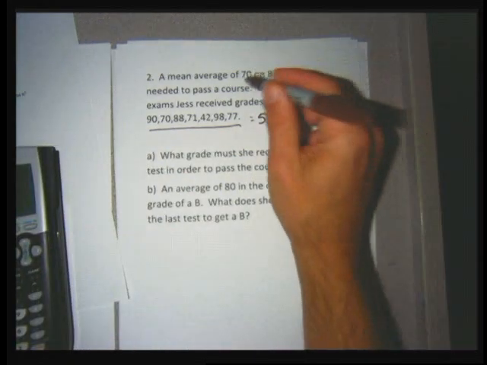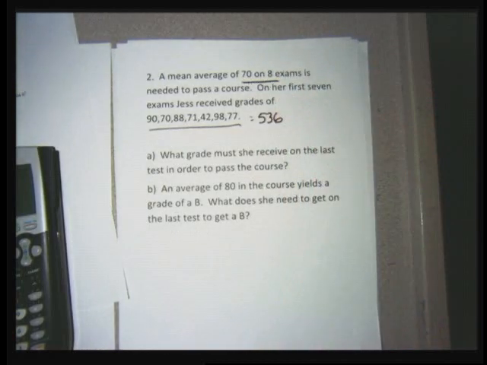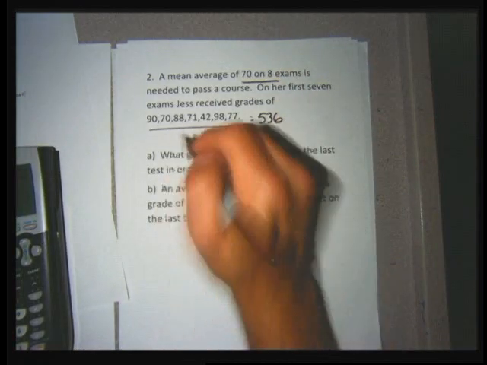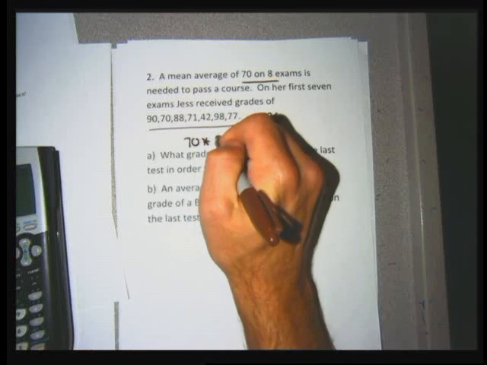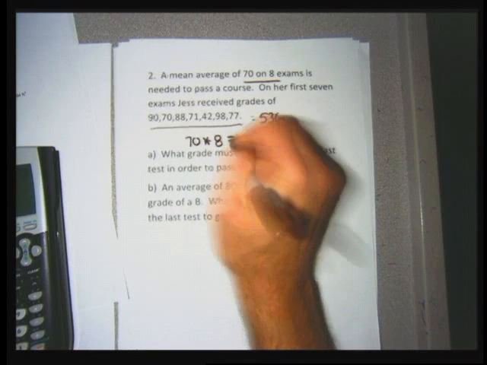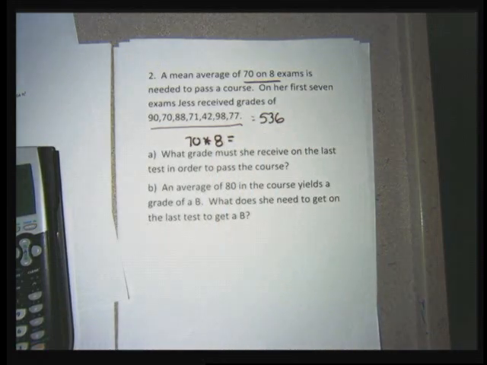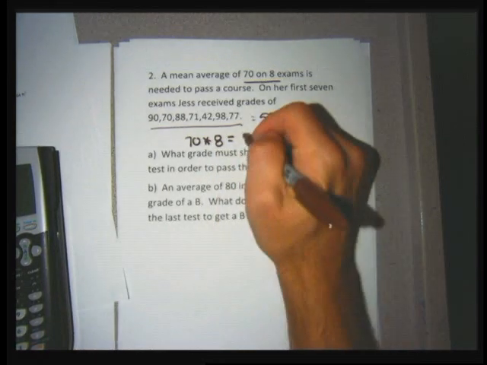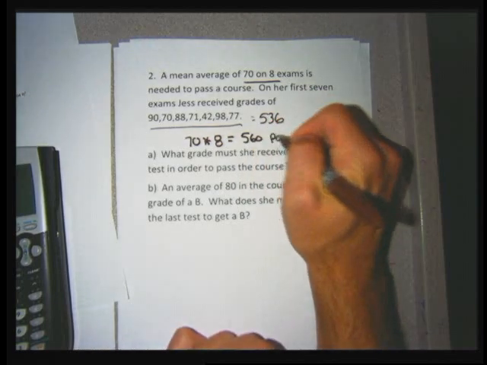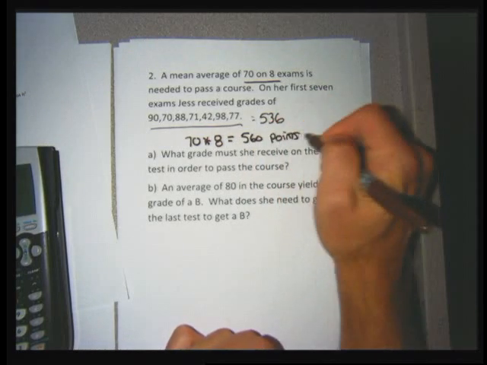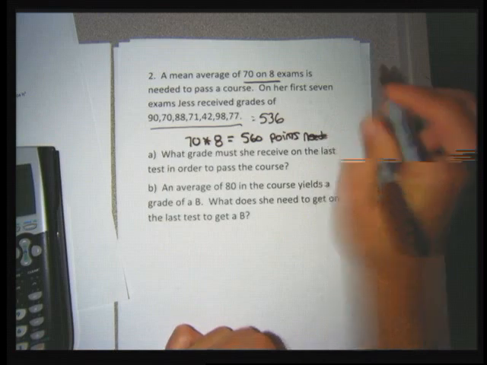An average of 70 on 8 tests she needs to pass. So to pass, your 8 tests have to average 70 points each. If I take the 70 that you need to average times the 8 tests, this is going to be the total points needed for a C, or needed to pass.